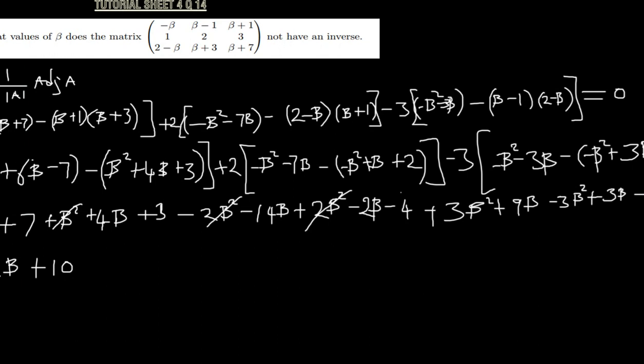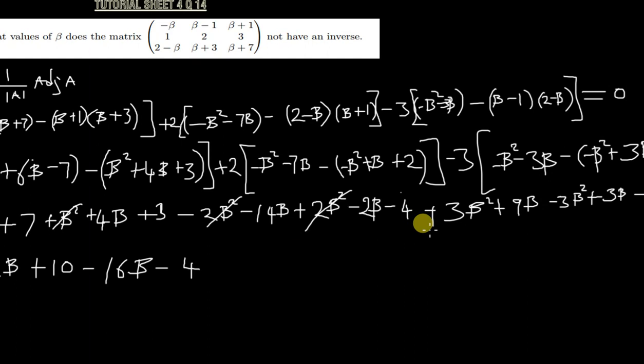Then from there you're going to have this negative 14 beta, then minus 2 beta, you get negative 16 beta, then minus 4.